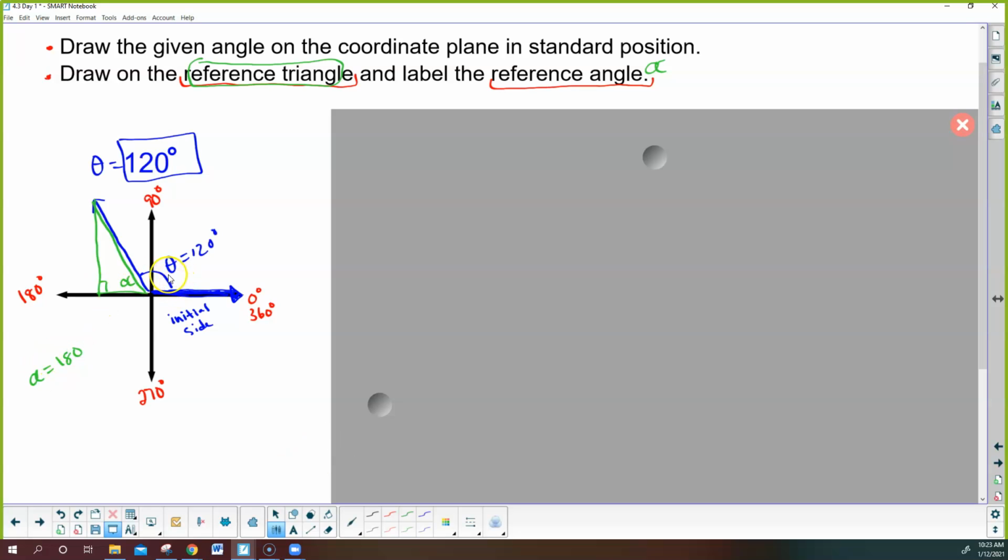We went 120, and if I go to 180, if I subtract 180 minus 120, I end up with 60 degrees. Now, hopefully you're thinking, oh, wait a minute. That's a 30, 60, 90 triangle, and I know the side lengths are 1, 2, square root 3, just like the warm-up we did, because that's eventually where we're headed.